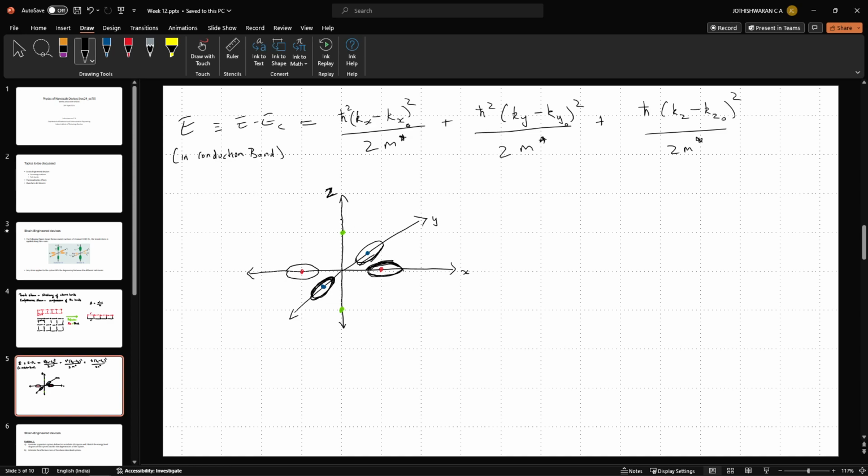And finally, we will have an ellipsoid along the z-axis as well. What should be noted here is that although they don't look the same, these are all essentially the same volumes around each of these center points.